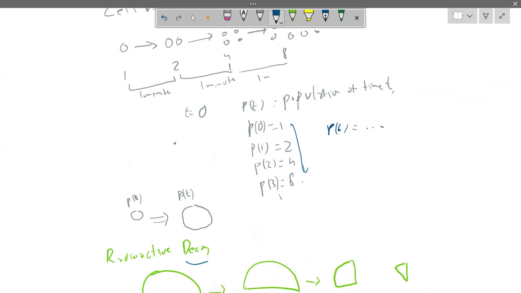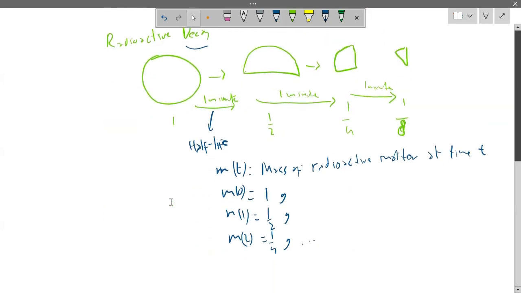Assuming this continues constantly, we would have P_4, which is equal to 8 times 2, which is 16. And then P_5, which is 32. So that means at the end of the 6th minute, you have 64 cells. Same goes with radioactive decay.